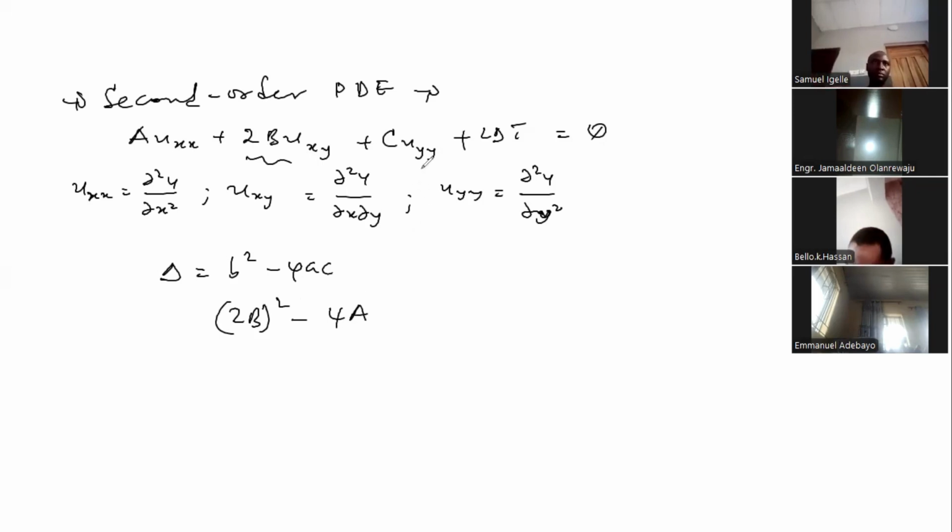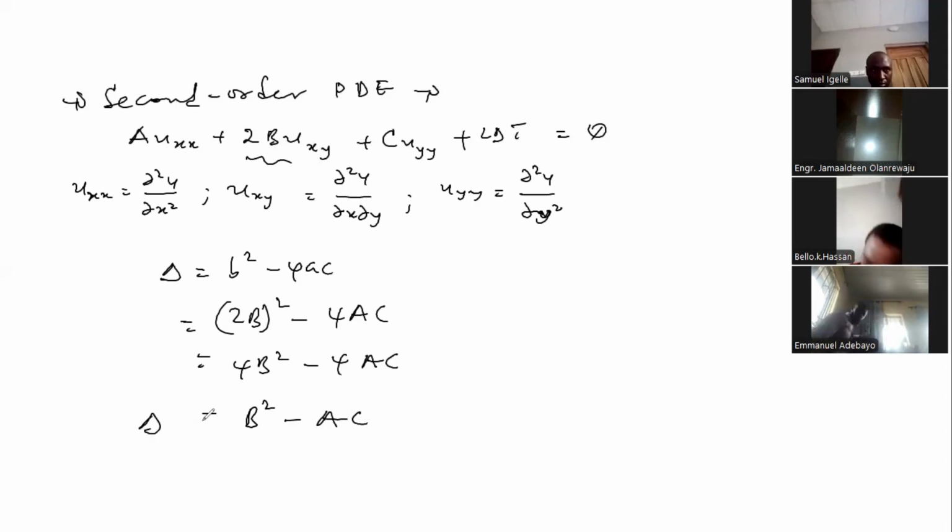It is capital A, then c is C. So this is going to give us 4b squared minus 4ac, which is the same as b squared minus ac. So this is the discriminant, okay? Or just divide through by 4. So for the second order PDE, we now see that the discriminant is of this form.